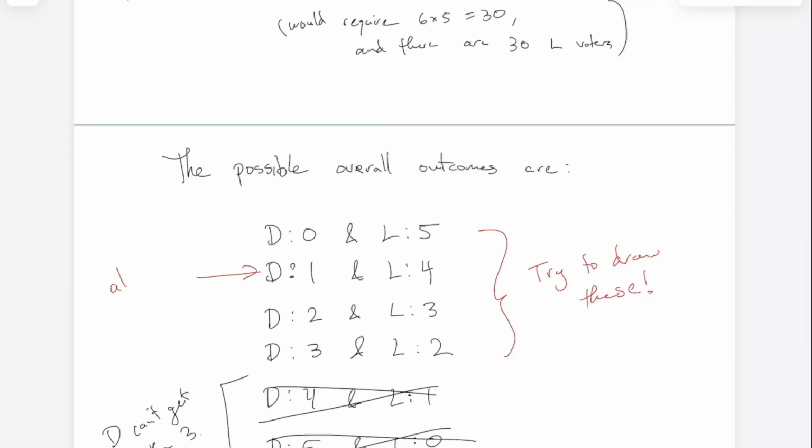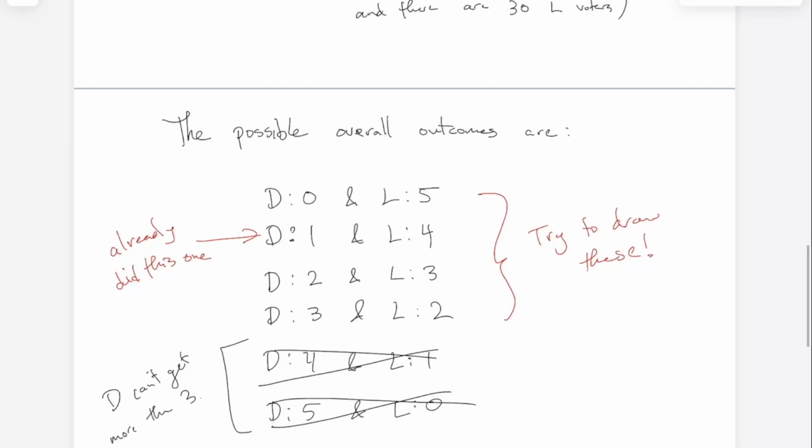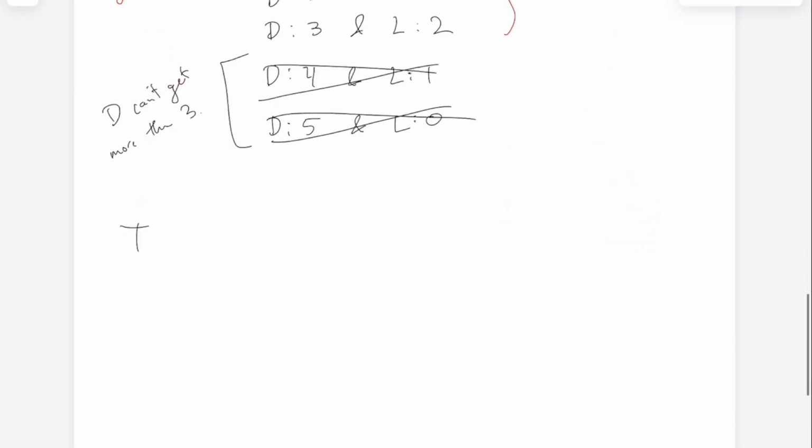This we already did. All right, so let's try to draw the other 3 possible results here. We did the 1D and the 4 L's. Let's try D getting 2 and L getting 3.